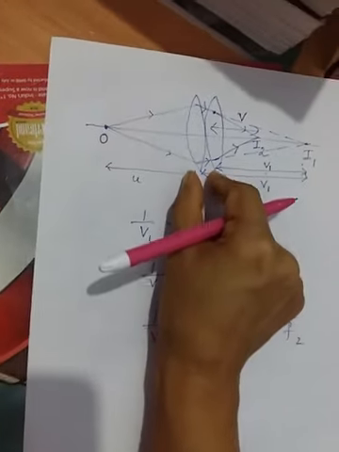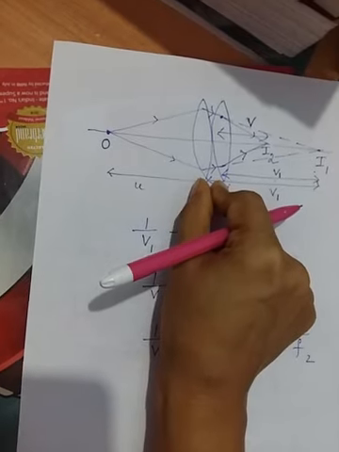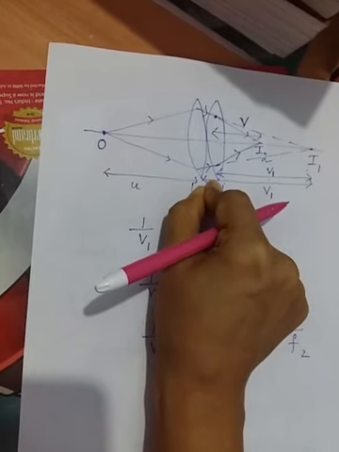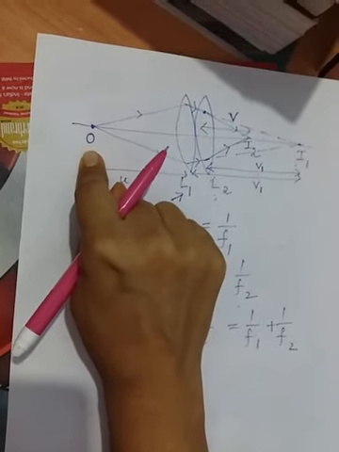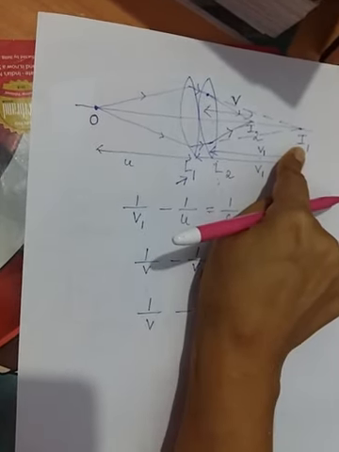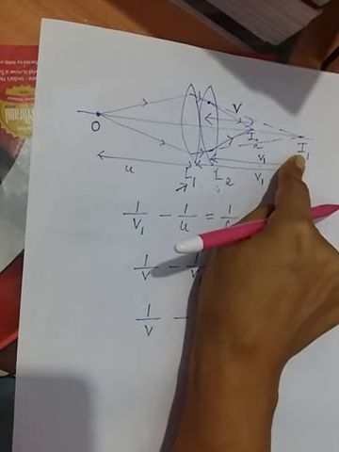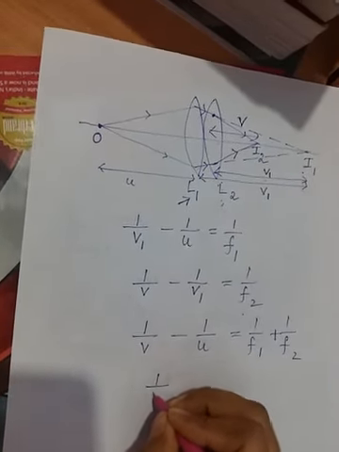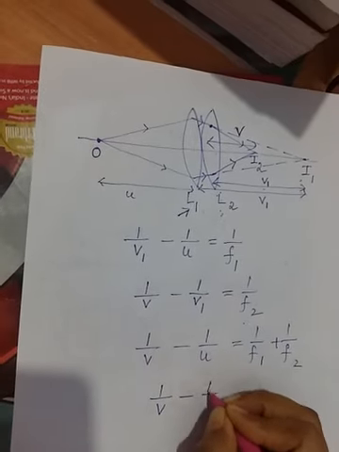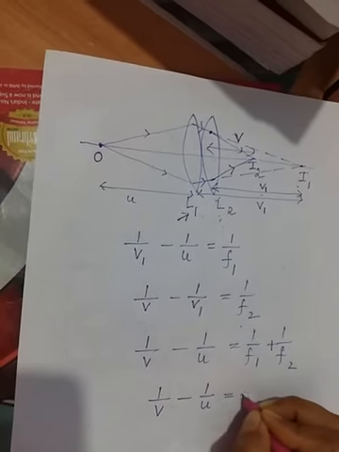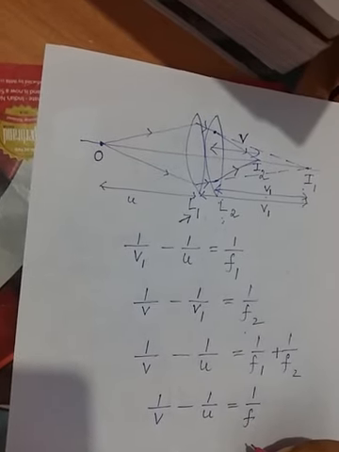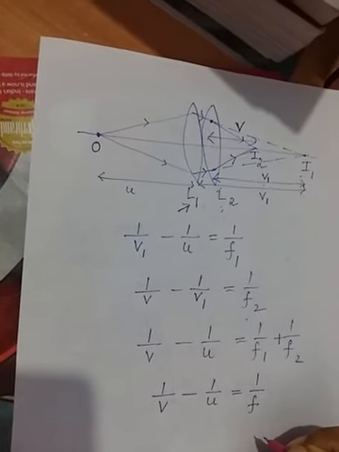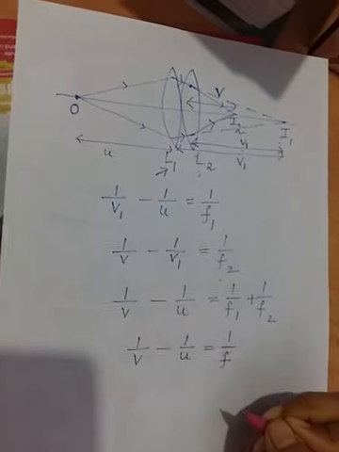Instead of this combination of two lenses, if we take only one convex lens, whose object is at O and image is at I2, then for that lens we have the lens equation 1 by V minus 1 by U equals 1 by F, where F is the focal length of that imaginary lens.